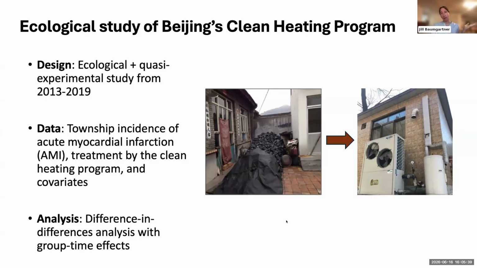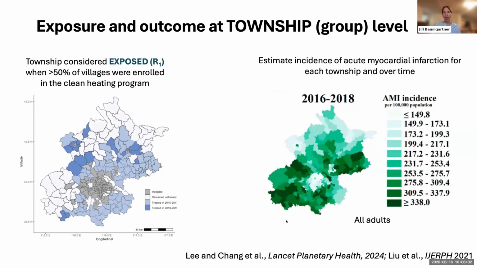And we could evaluate, in this case, heart attacks, so acute myocardial infarction, over time at the township level, and analyze the difference in the outcome, the difference in heart attacks for townships that were enrolled into the policy versus those that were not.